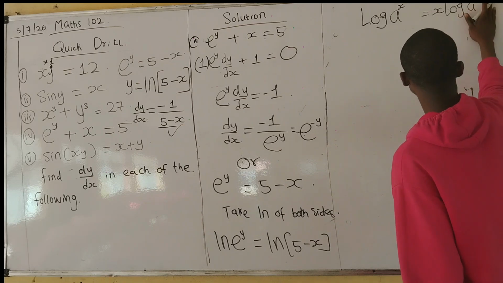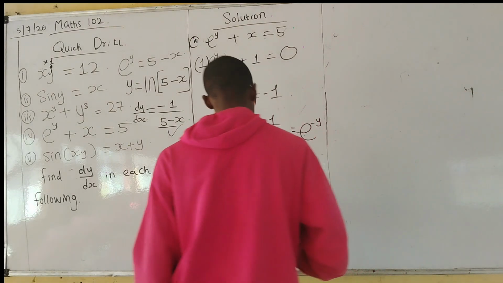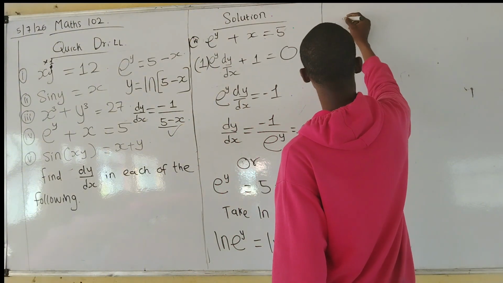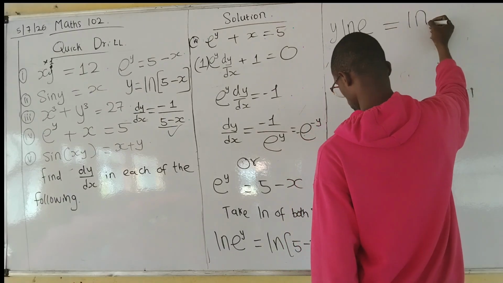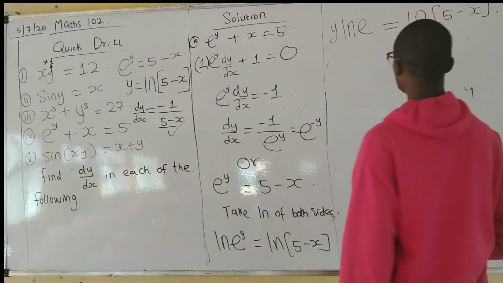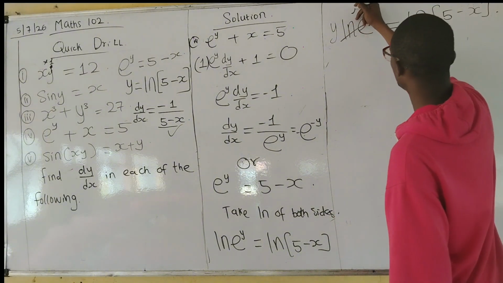Right? So this is what we can have. So if we implement it here, we have y ln exponential equal to ln 5 minus x. Is that not what we have? Ln of exponential will give you 1.